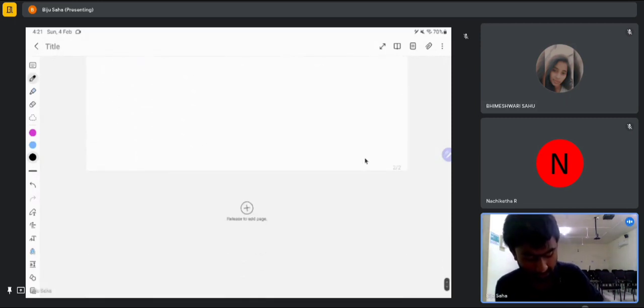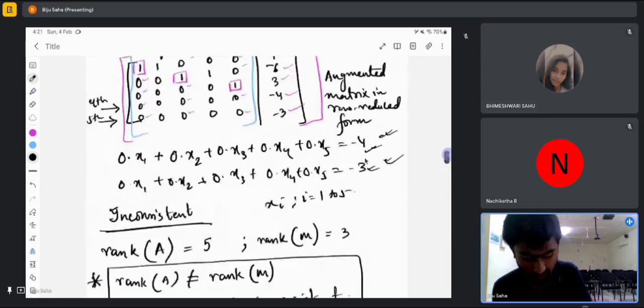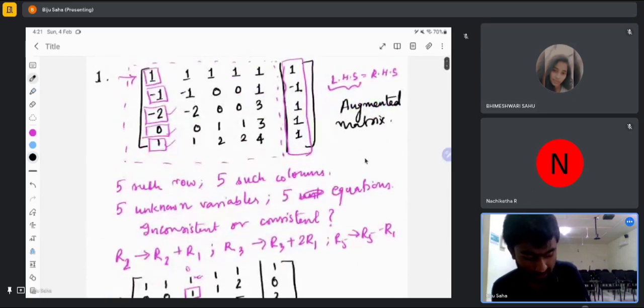With this, let me present another set of equations with a slightly different right hand side. This is what our original matrix was.